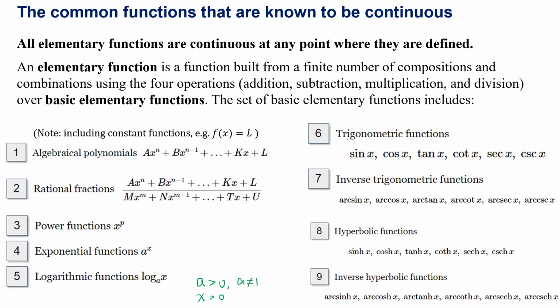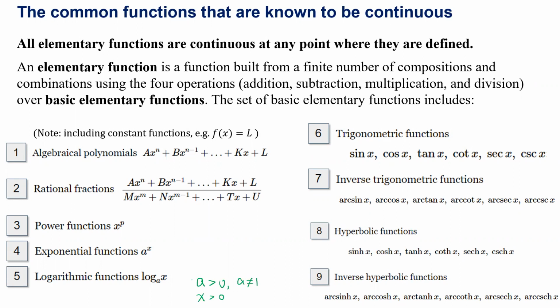Okay, next we have the trigonometric functions such as sine x, cosine x, tangent x, cotangent x, secant x, and cosecant x. These types of functions are also basic elementary functions. And also the inverses of the trigonometric functions are basic elementary functions, such as arcsine, arccosine, arctangent, arccotangent, arcsecant, and arccosecant.